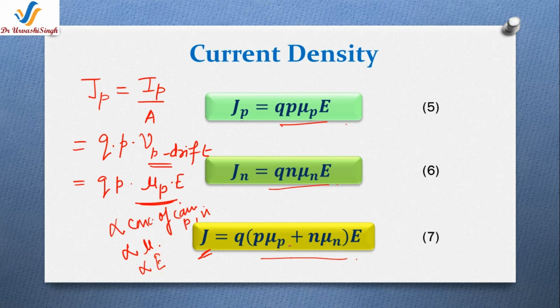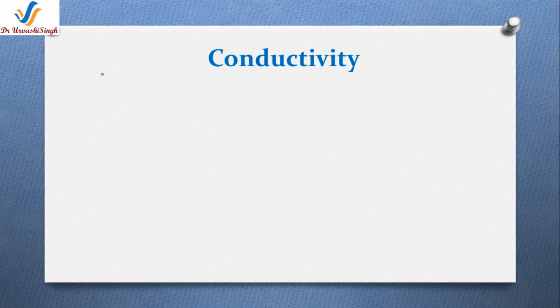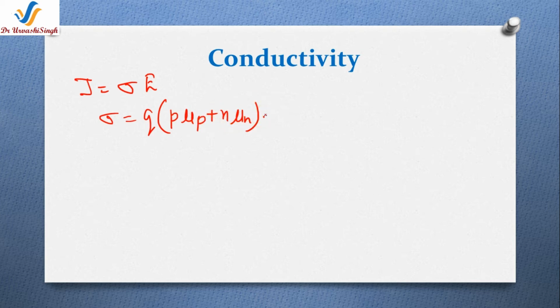So now next is the conductivity and resistivity of the semiconductor. Using equation 7, now let's find out the conductivity. So the conductivity is simply sigma equals q (p mu p plus n mu n), and the resistivity can be written as rho equals 1 upon sigma.